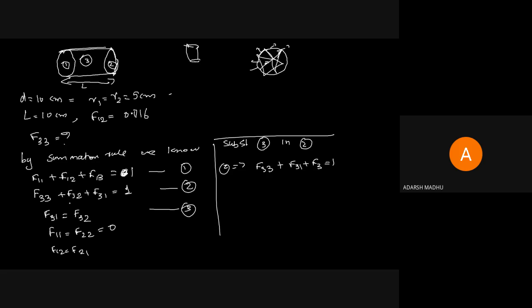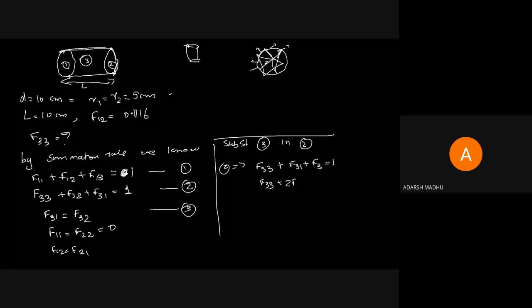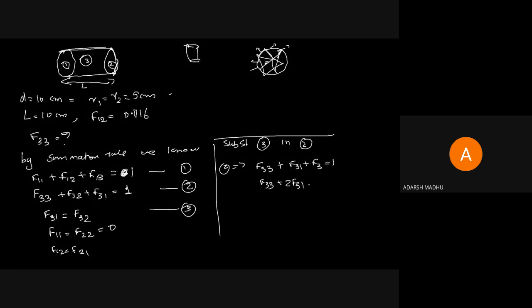So here we will get F33 plus 2F31 equal to 1. Therefore, F33 equal to 1 minus 2F31.